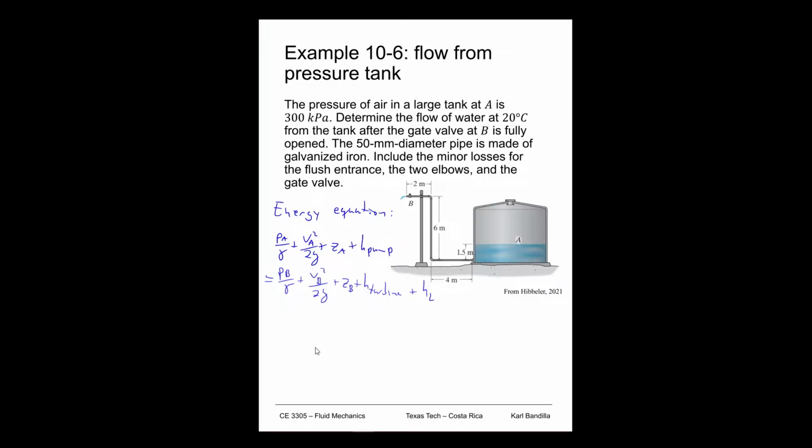Now let's go through and find all the different terms. So we can start out with a datum. Where do we set the datum? I will say that we set it at A, right? Set our datum right here at the surface of the water. So datum at A, that means that ZA, of course, is equal to 0.